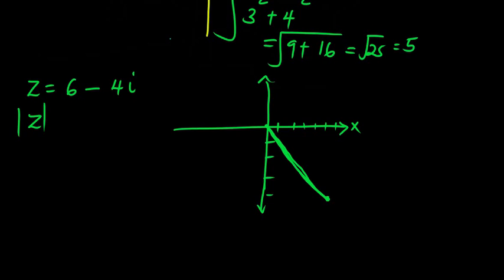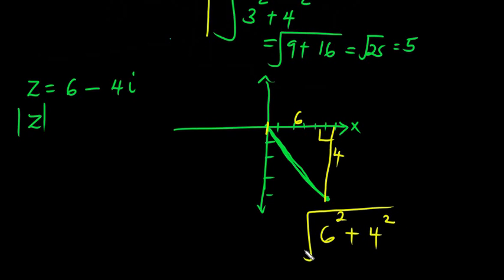So we moved 6 units, so the distance from here to here is 6 units, and then downwards we have moved 4 units. So finding the length of this line, we're going to use the Pythagoras theorem, that is 6 squared plus 4 squared, and then find the square root.